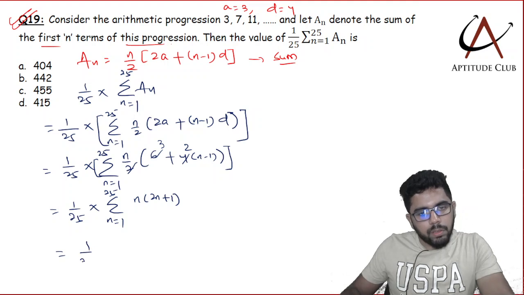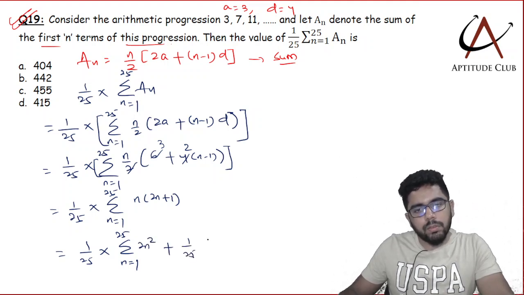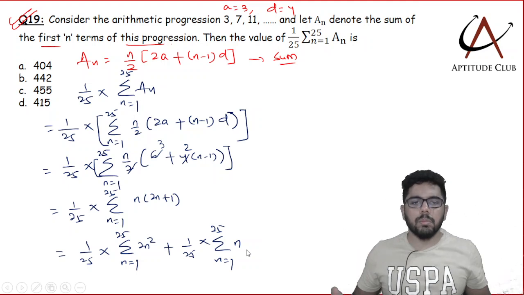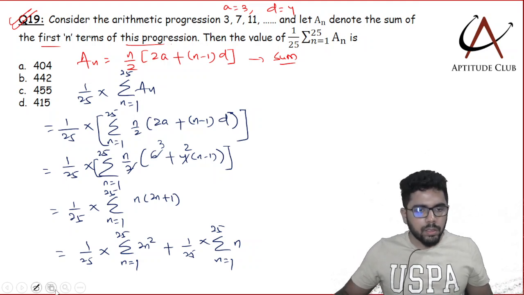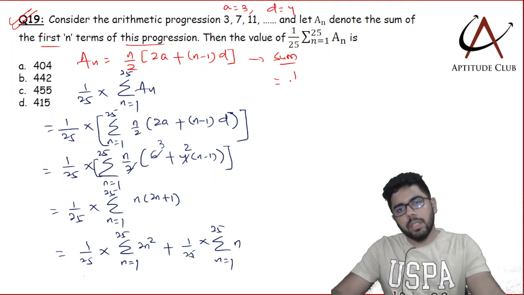So 1 by 25 into summation of n equal to 1 till 25, 2n square plus 1 by 25 into summation of n equal to 1 till 25 n. I am splitting the summation. Then just use this formula for this thing. It is 1 by 25 into 2 will come outside.